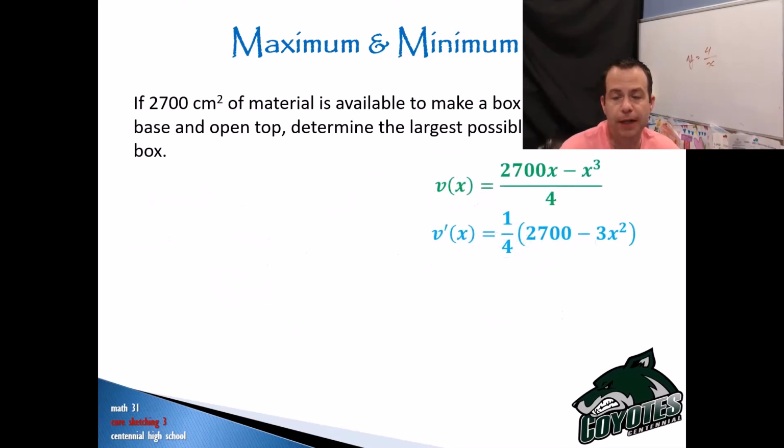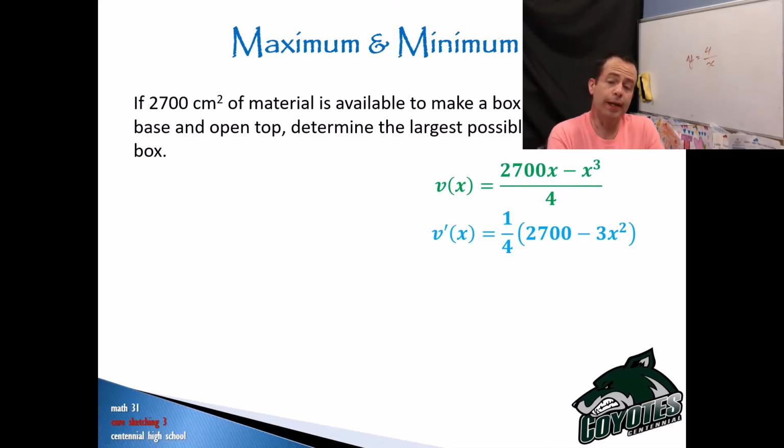So what I've done is I wrote my 1/4 to the front, and then I took the derivative. So the derivative of 2700x would just be 2700, and the derivative of my negative x cubed would be negative 3x squared. So this guy here is now the derivative of my original V of x. Okay.